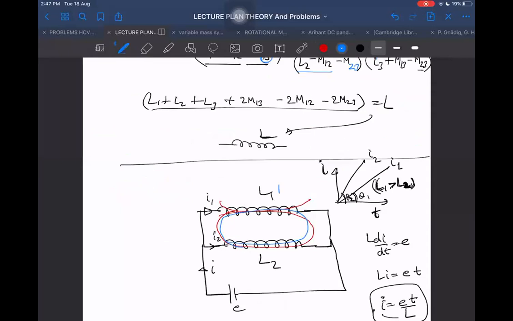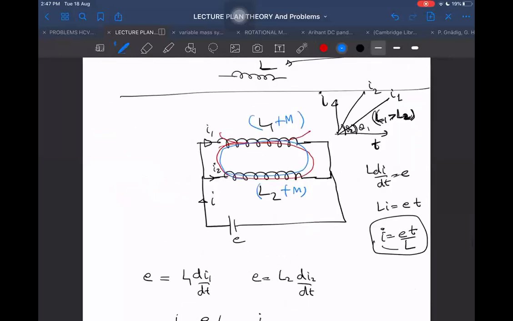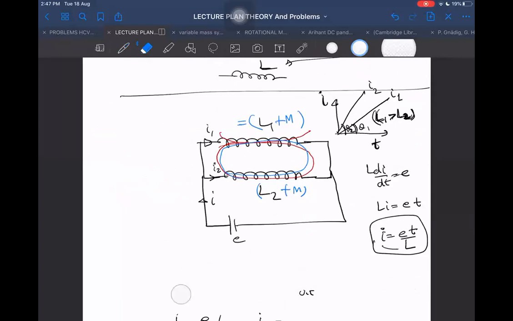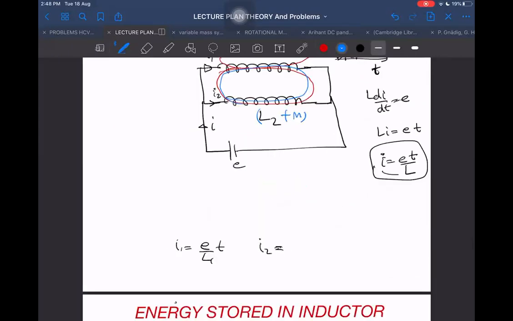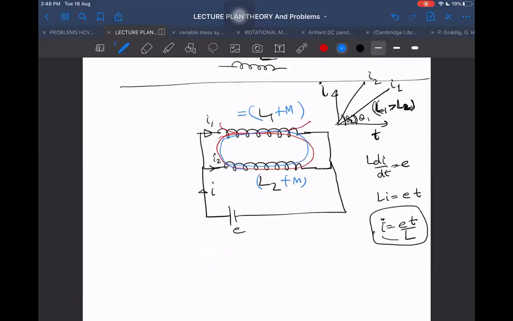Then it will be plus M, and here also it will be plus M. I'm already saying that these are supporting each other. The currents are different, so it is M into di2 by dt. Wait a second, let me do it again. Let me write for one circuit at a time.